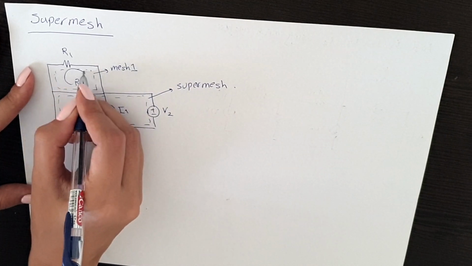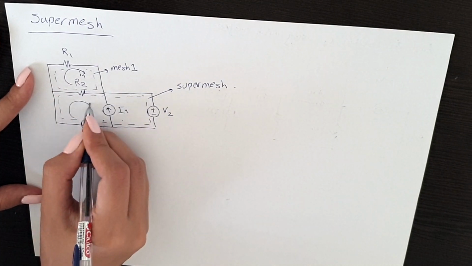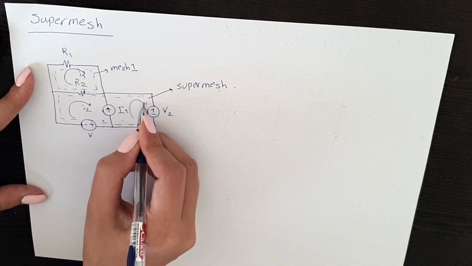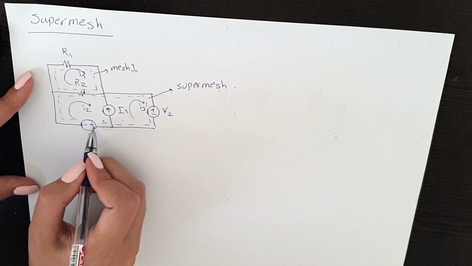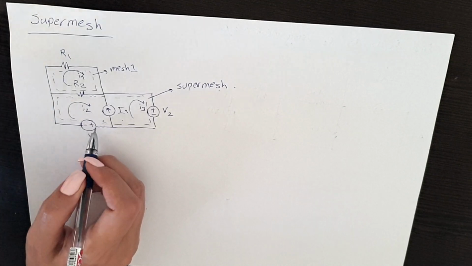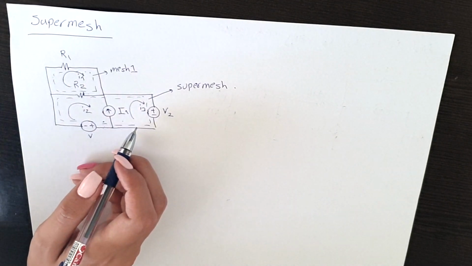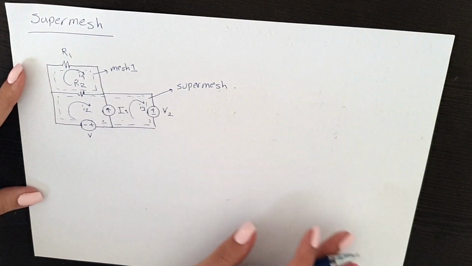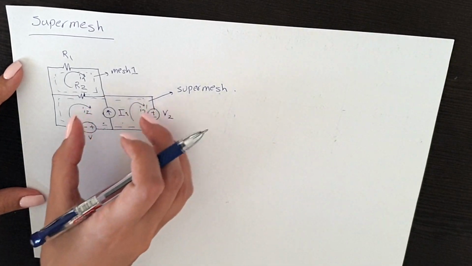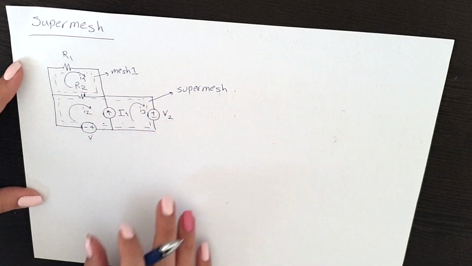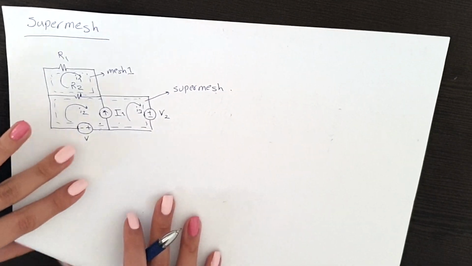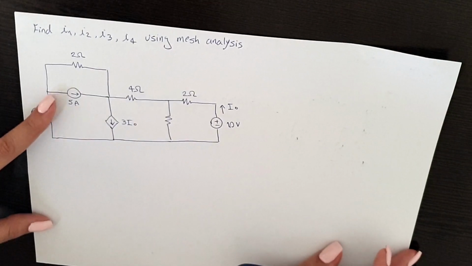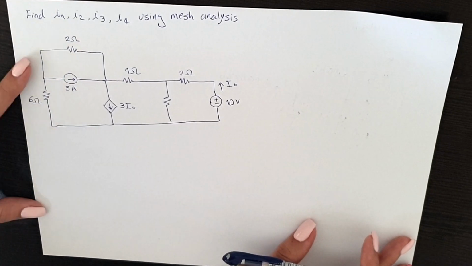We're going to have I1, I2, and I3. The currents are going to be different, but when we're writing the KVL equation, we write them all as a whole in the whole super mesh, not separately.